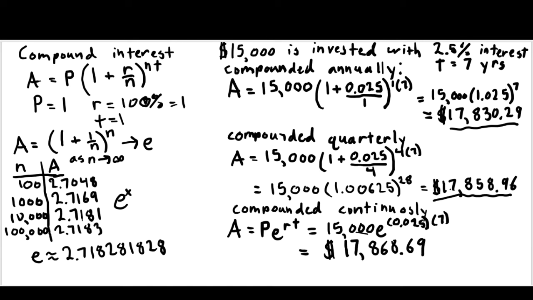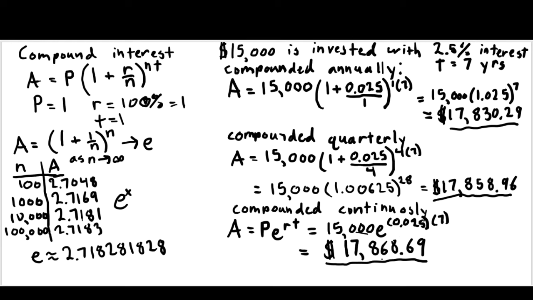And so what we observe here, going back, compounded annually, we got approximately 17,830. Compounded quarterly, we got about 17,859. Compounded continuously, that's basically saying if you could theoretically compound an infinite number of times, this is what you would make.